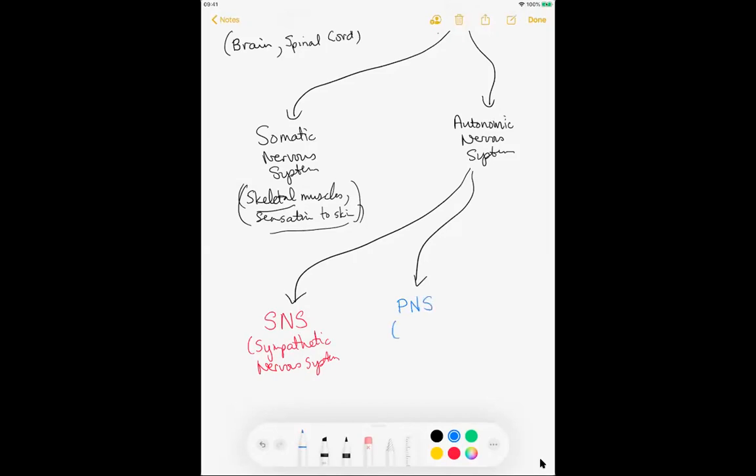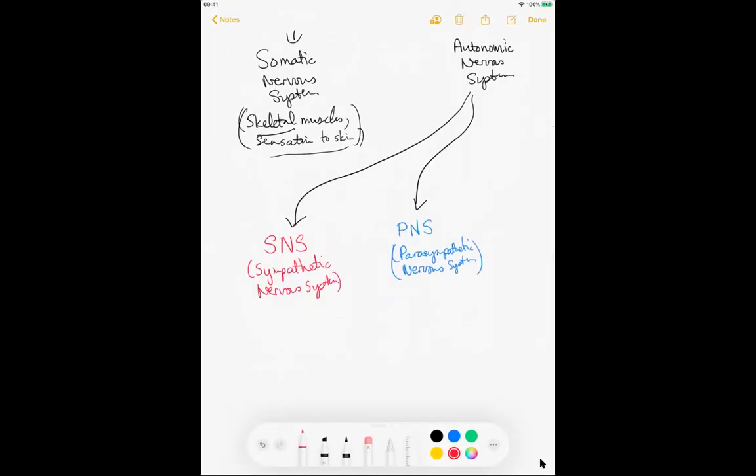So that is parasympathetic. If you have learned about these before, you may recognize the terms. These are under involuntary control. So these two arms of the nervous system happen automatically in the body, hence the name autonomic.